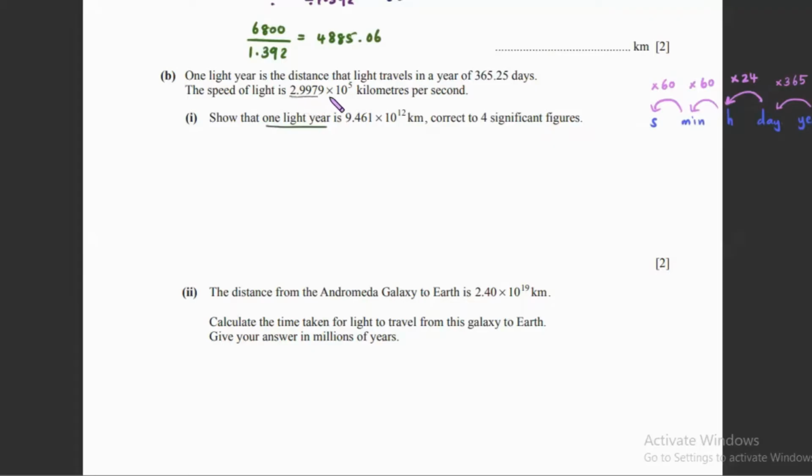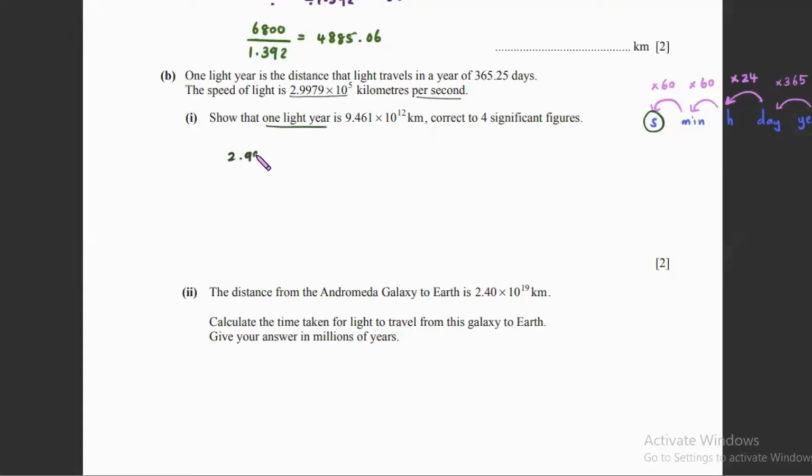This is the speed of light per second, so per second has to be converted. You need to find how far it will travel in 1 year.